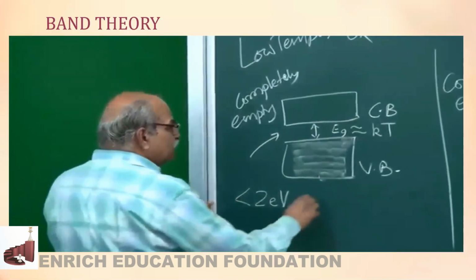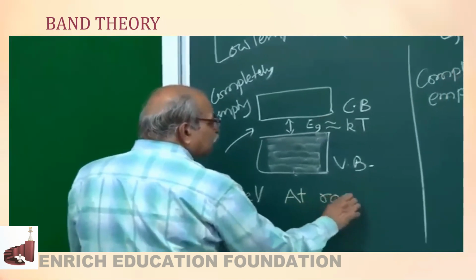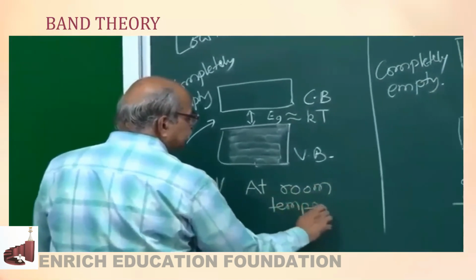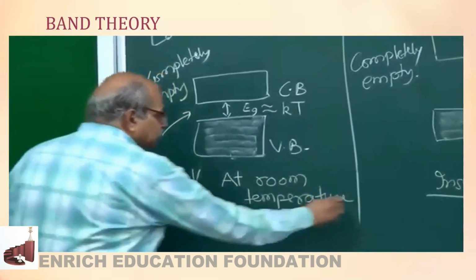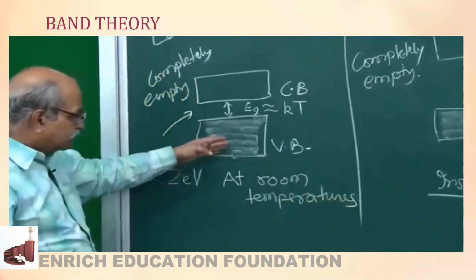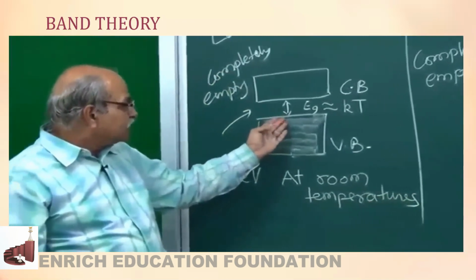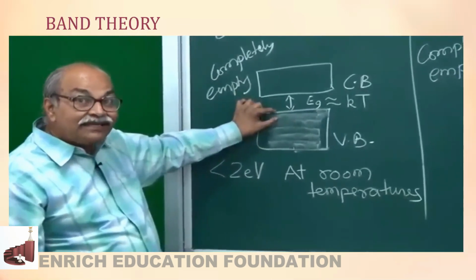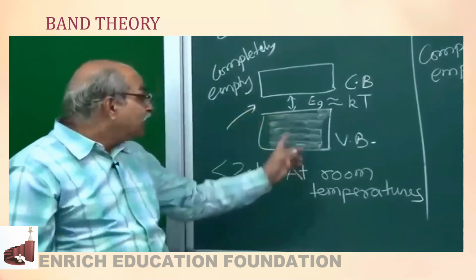So at room temperature, or at elevated temperatures, or normal working temperatures, some of these electrons, the valence band electrons near the top, can accept energy through these thermal interactions and move here.